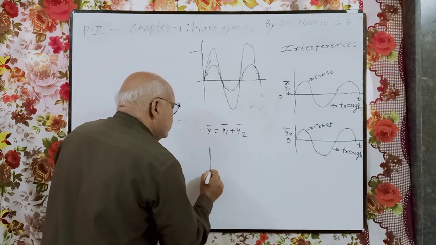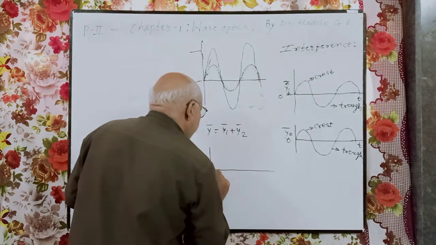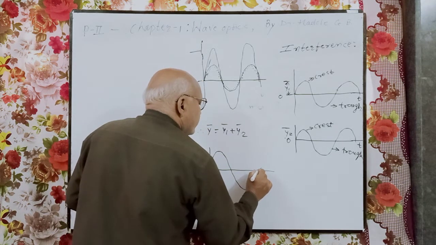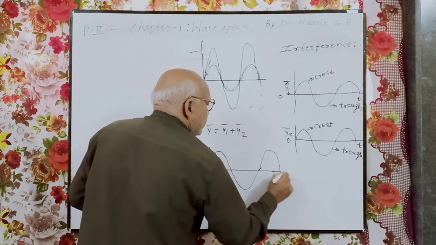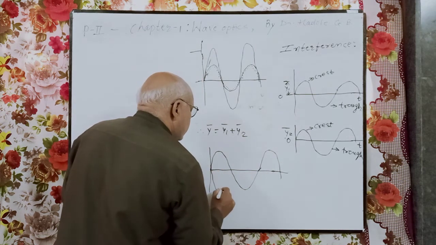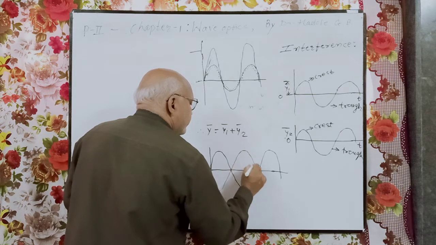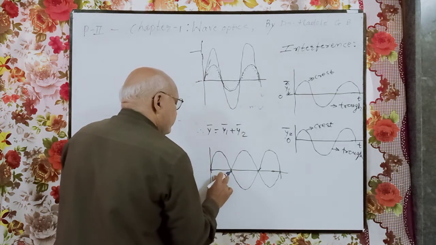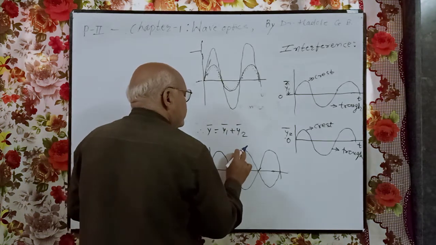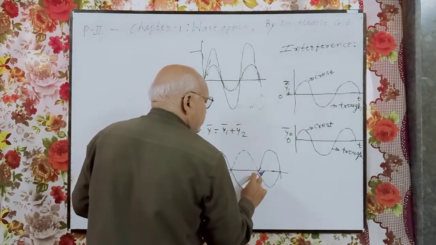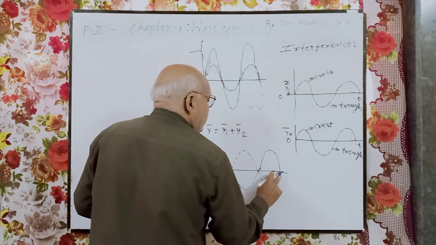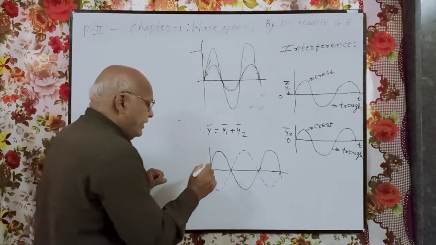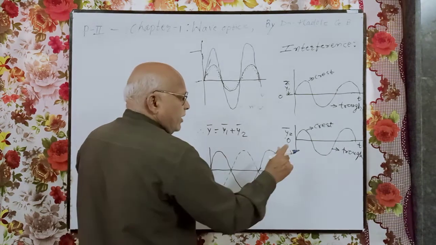Next, in the same way, suppose this is one wave. And this is another wave, which I will show by dotted lines. Now in this case, what is going to happen?